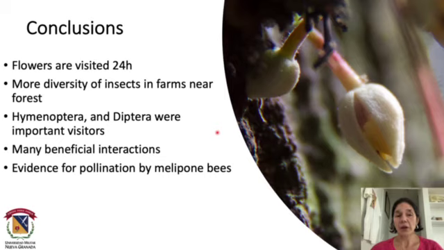Hymenoptera and Diptera are both important cocoa flower visitors: Hymenoptera by diversity and Diptera by abundance. There are many beneficial interactions of insects that visit flowers because much of the pollen falls in the petal hood that, when visitors come, can be shaken and dispersed to other flowers.